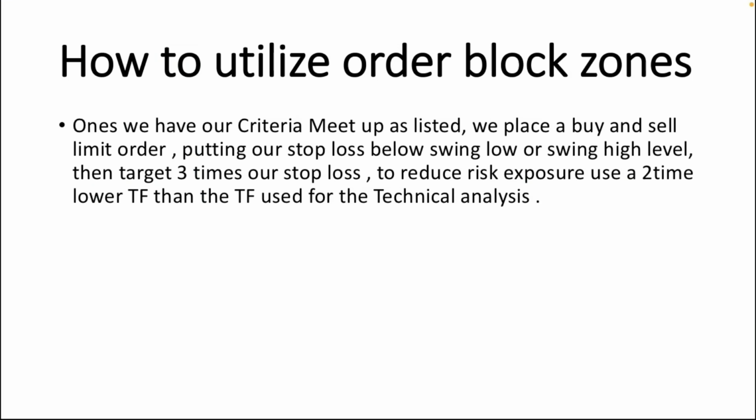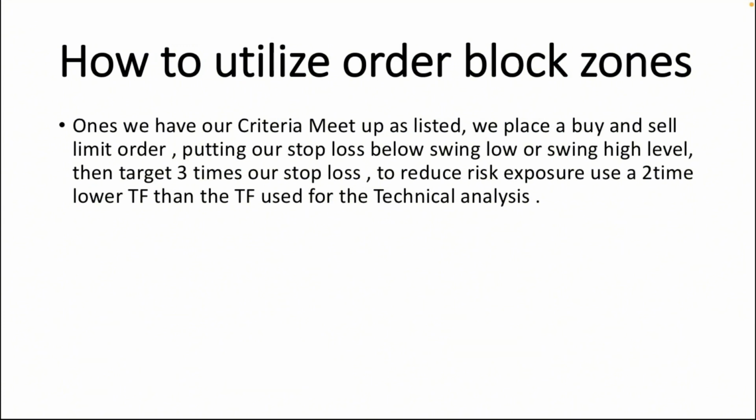Now how to utilize the order block. Once we have our criteria met, so once we have a breakout structure, a change of character, an imbalance, and it has never been used, we place a buy or sell order, putting our stop loss below the swing low or above the swing high level.